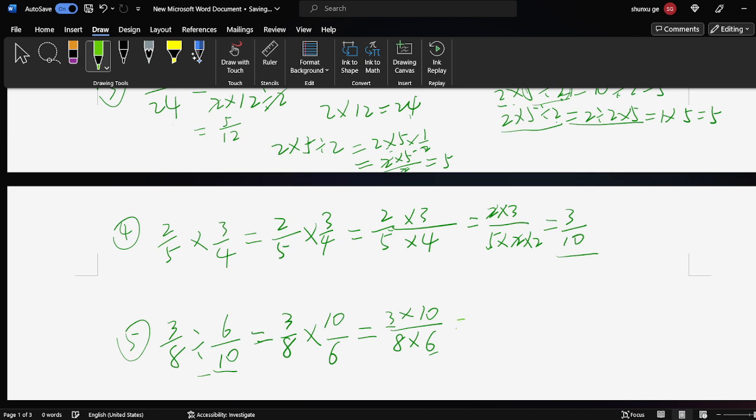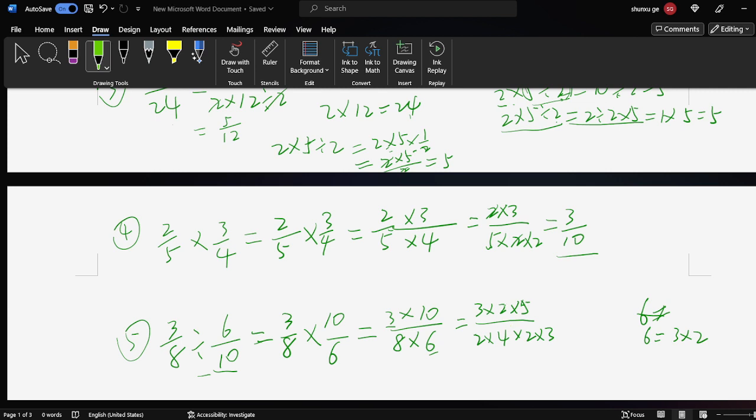So we do that. 3 times 2 times 5, 10 equals 2 times 5. Denominator 8, 8 equals 2 times 4. 6 equals 3 times 2. Okay, so it works.